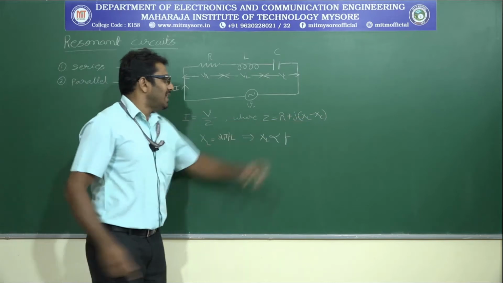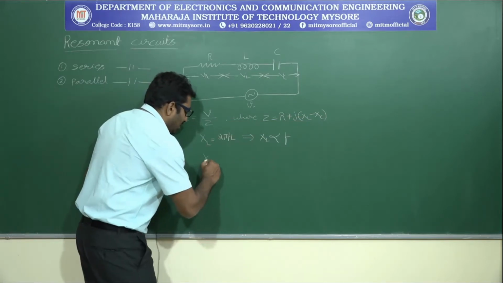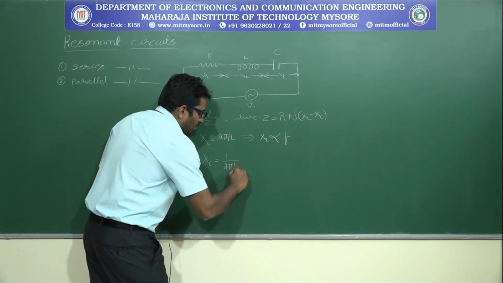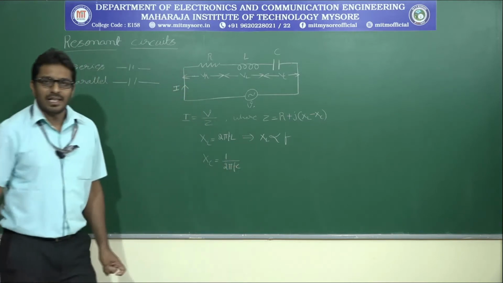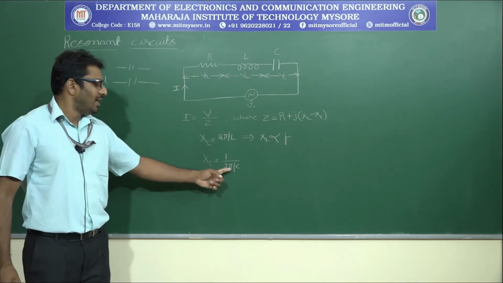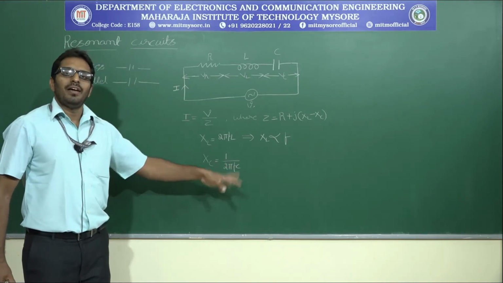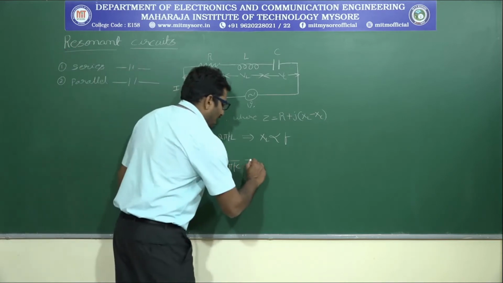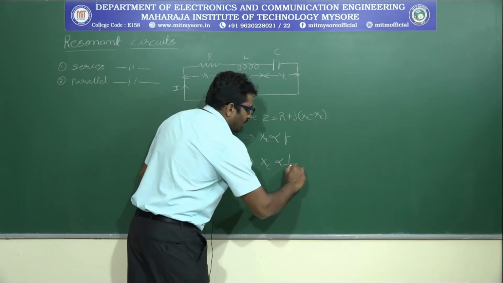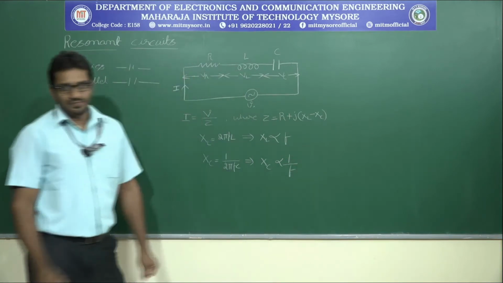Then what is XC? XC is equal to 1 divided by 2 pi FC, where XC is the capacitive reactance. Therefore, capacitive reactance XC is inversely proportional to frequency.